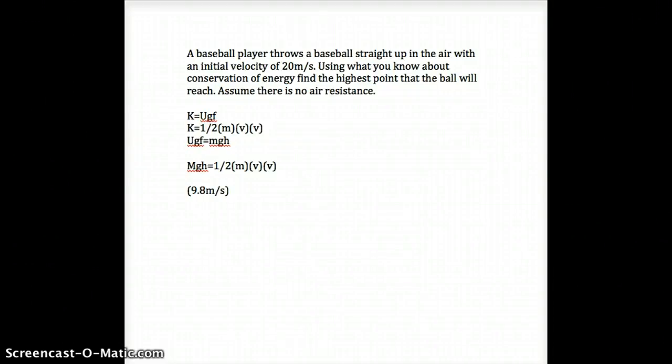I know it's squared, but I don't really want to put the squared. Times the height, which is what we're trying to find, equals velocity squared over 2. Velocity is 20 meters per second, so we'll put that in.